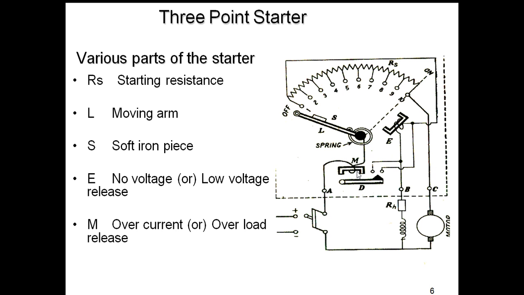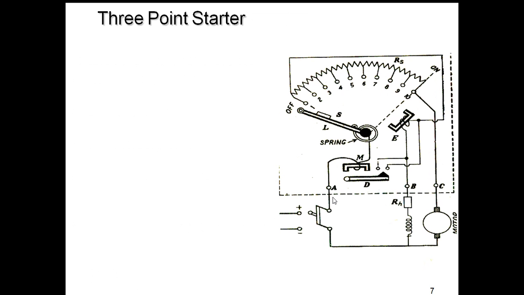And M represents the overcurrent or overload release coil. In the terminals, A, B and C represent the starter's terminals.